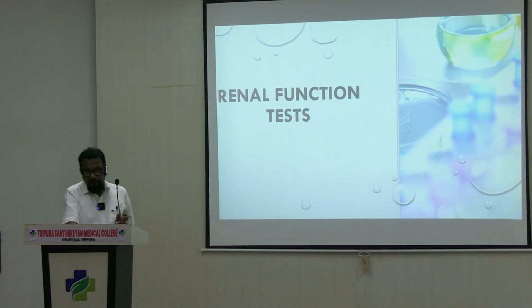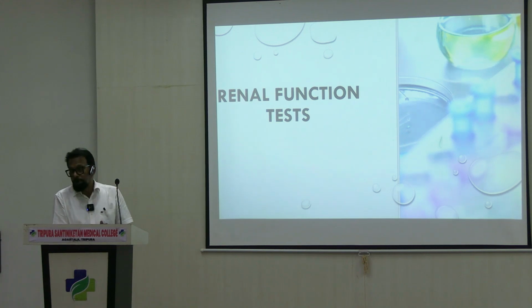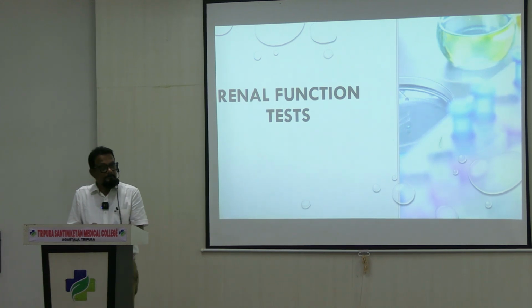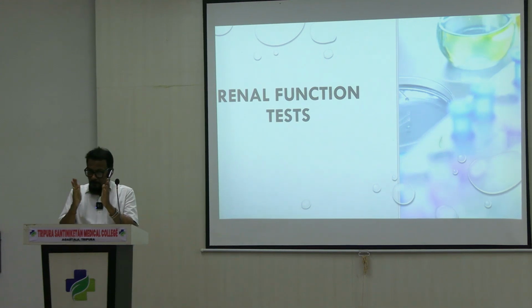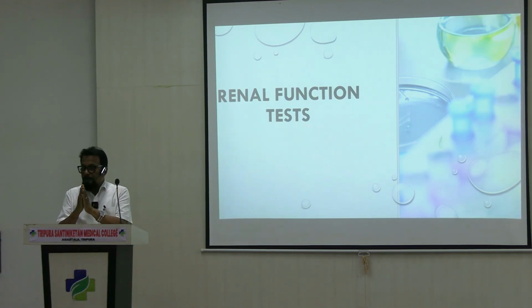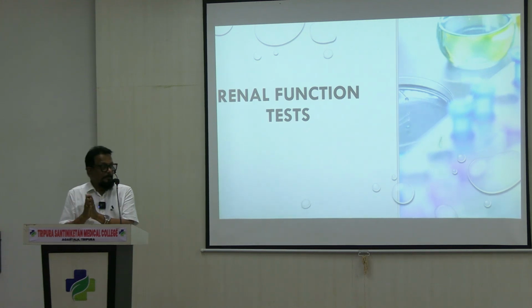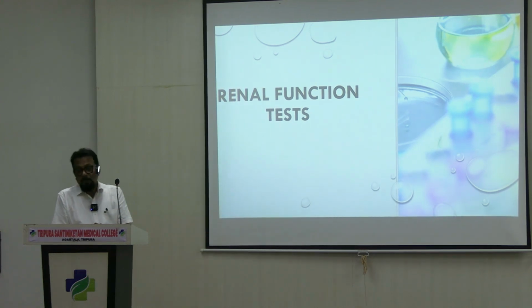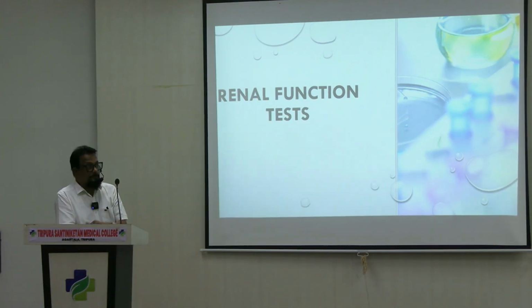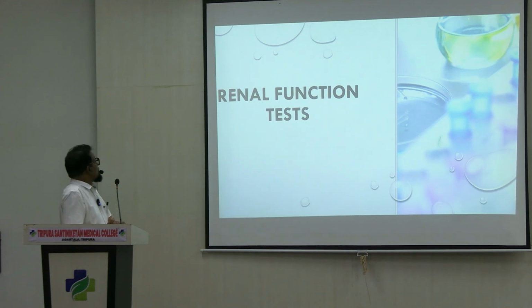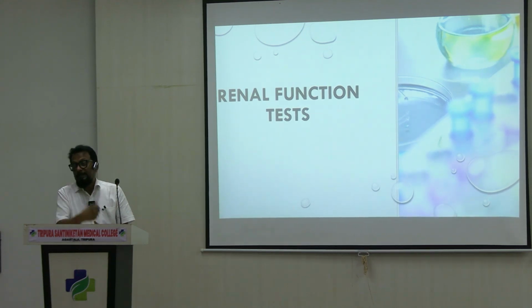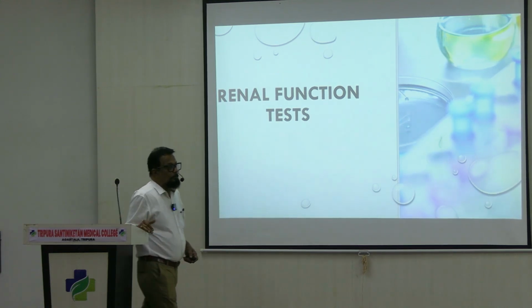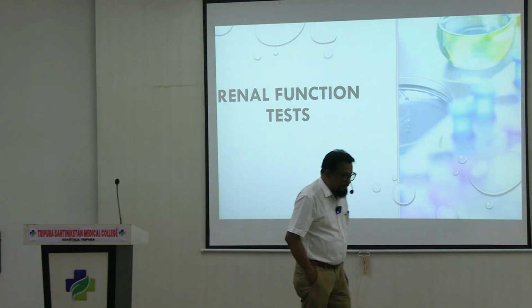These tests involve analysis of urine, analysis of blood, and the results of urine and blood can give another important evaluation, that is renal clearance tests. Okay, so we'll go through first the urine analysis.